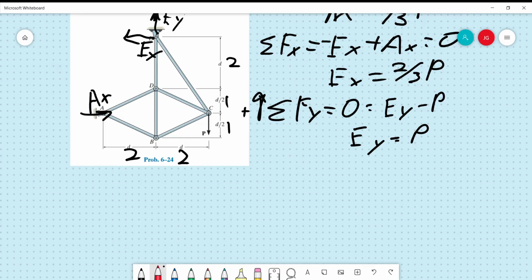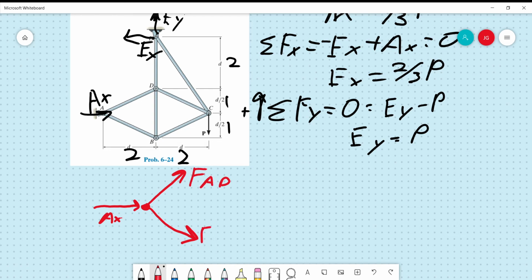At A, we have AX going that way, and we always assume these are going to be in tension, right?